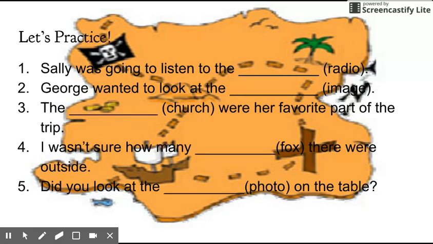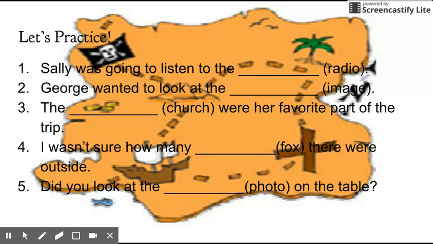All right. So let's practice here a little bit with these. And remember, this week, spelling really does count because that's the whole point of this, the way that you're letting your readers know. So what you're going to do with the parentheses is you are going to make that word plural and spell it correctly. So number 1, Sally was going to listen to the, make it plural.